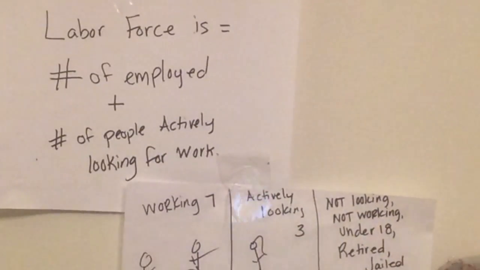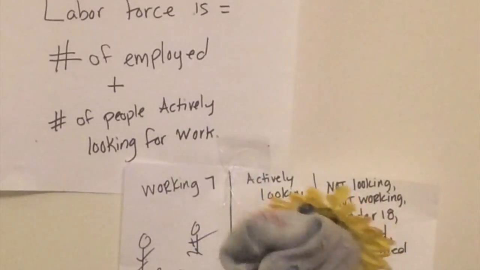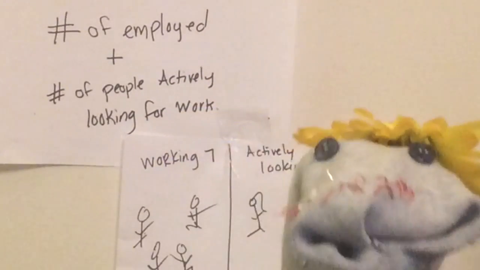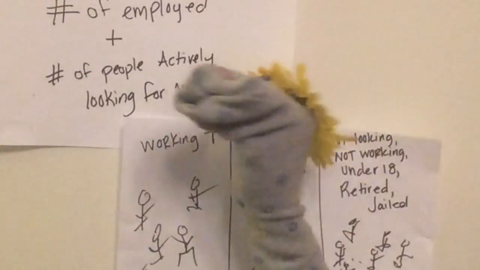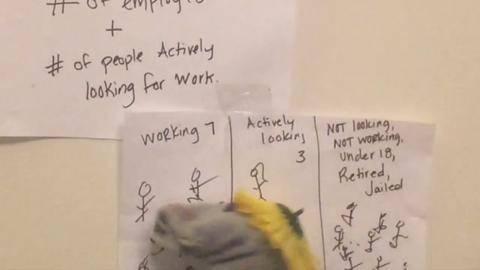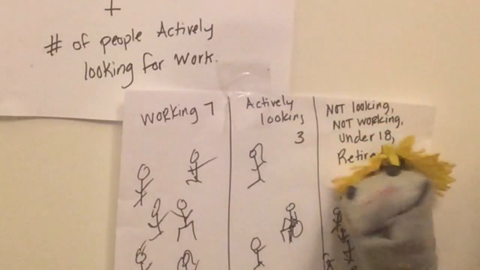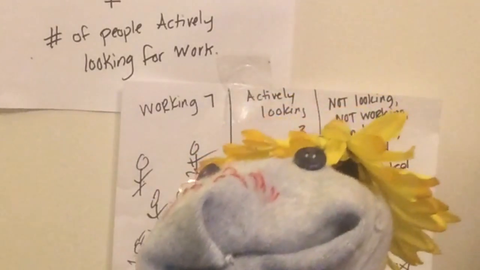And then there's a ton of people that are not looking for work: under 18, retired, jailed, hospitalized, institutionalized, you name it. To find the labor force, we add the number of employed, 7, plus the number actively looking for work, 3. 7 plus 3 is 10. We have our labor force.